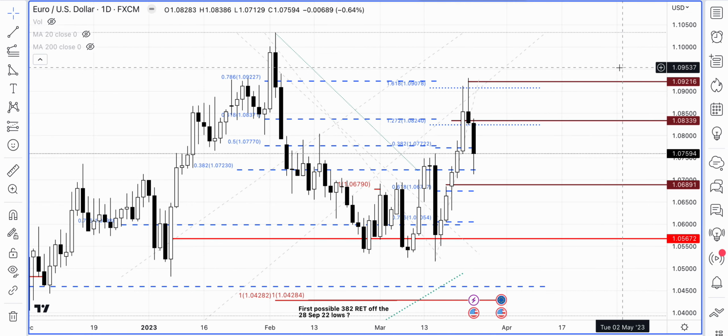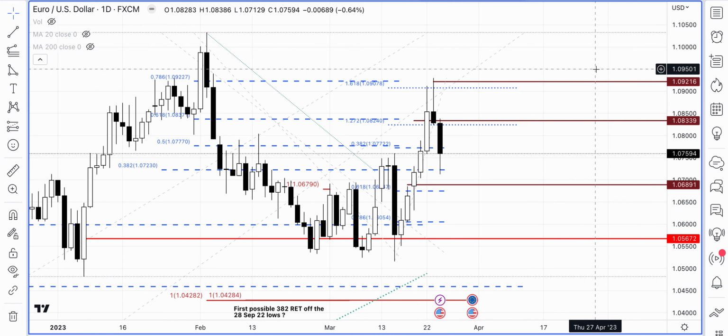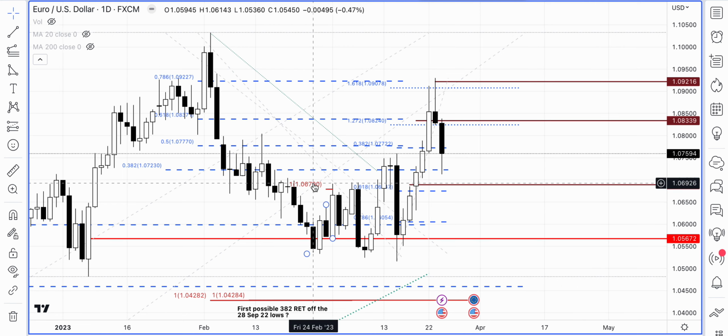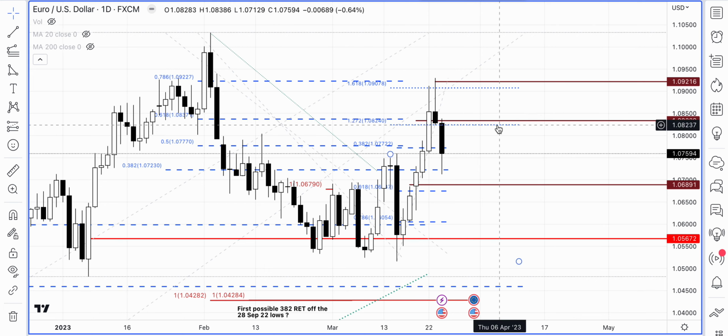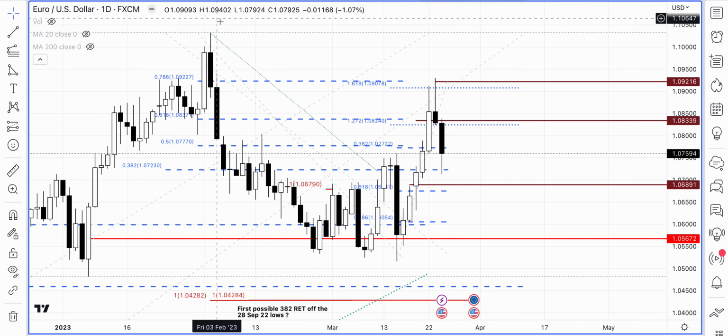So guys, here, as we had pointed out in the video of 22nd of March 2023, we were looking for two specific price levels back then. We were looking for the price to perhaps reach this level of 1.0833, and possibly even the 1.618 expansion right at the 78.6% Fibonacci retracement.